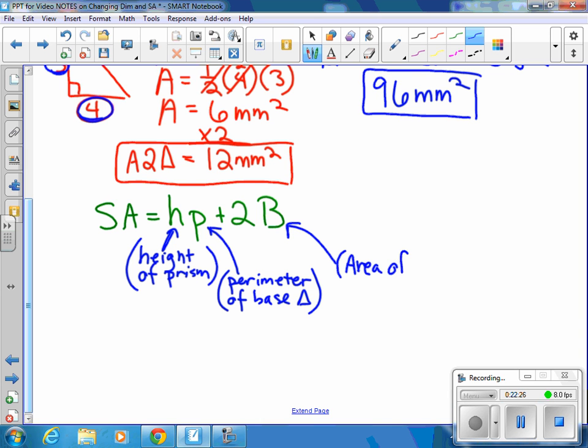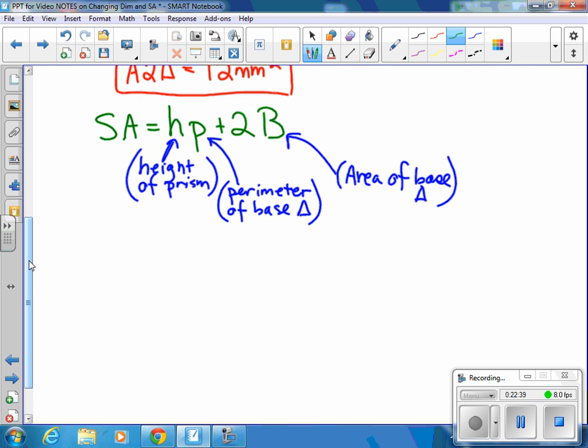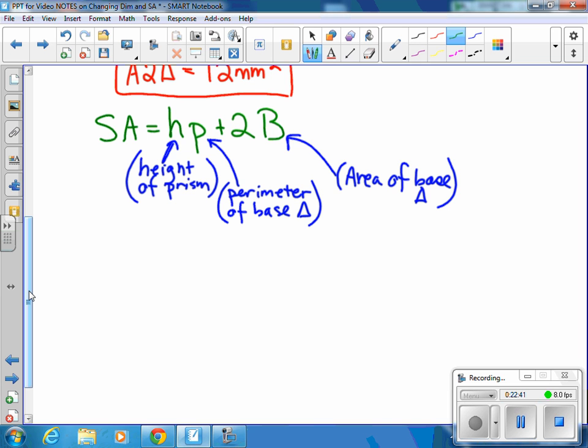The big B is the area of the base. And again, it means it's a triangle that we're looking at there. So there's kind of a lot going on with this formula. So you want to really be careful. If you like the formula, then you can use it. But if you're having any kind of trouble, I would suggest you do it the way I just showed you, where you're breaking it apart, finding individual areas, and then putting them back together.